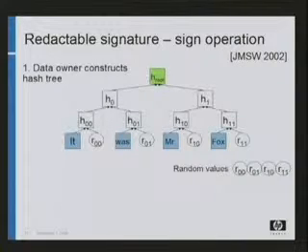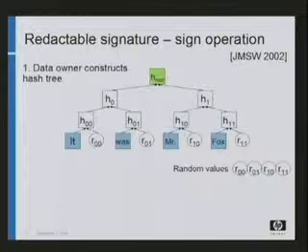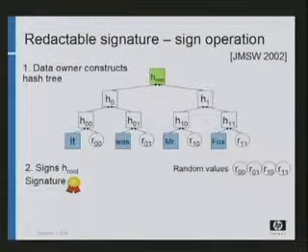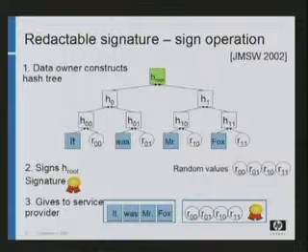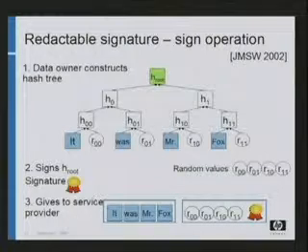If you omit the random value, once the user has a hash value, for example H00, the user can go through all the combinations of words and see whether they match the hash value. So we introduce this random aspect. Then the root hash is signed by the data owner. All this information, including the random values, is given to the service provider. So the service provider will know the original context: it will have the original text, the random values, and also the digital signature.